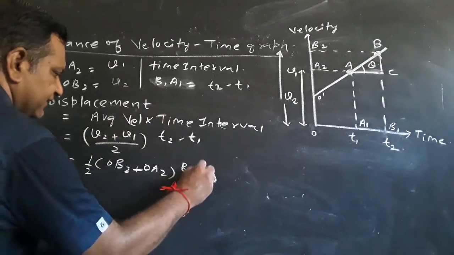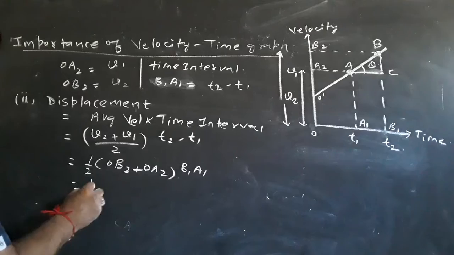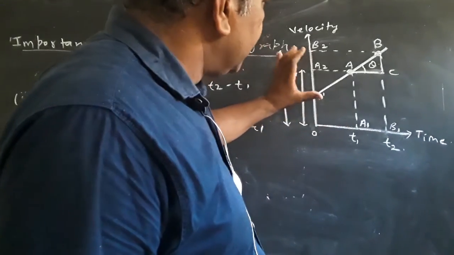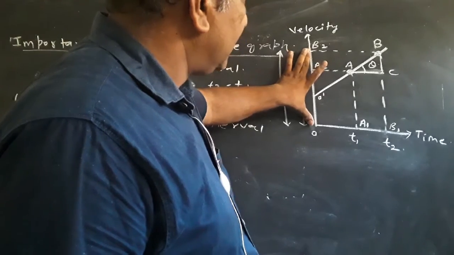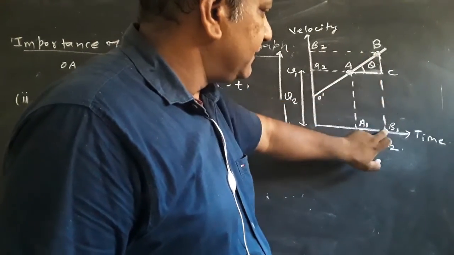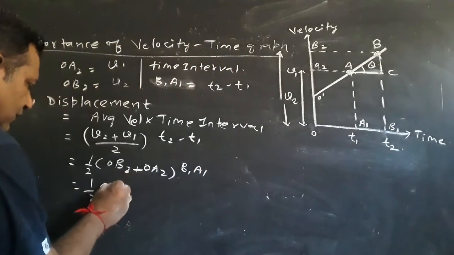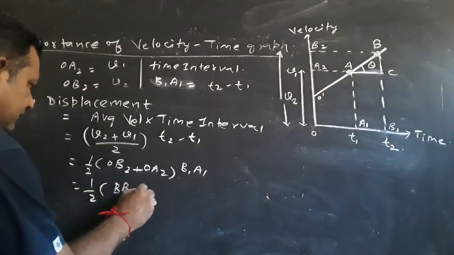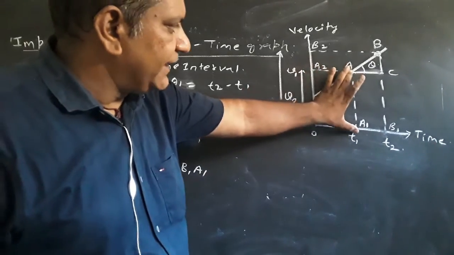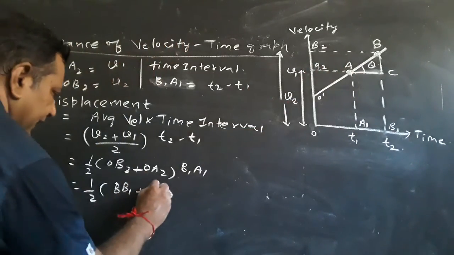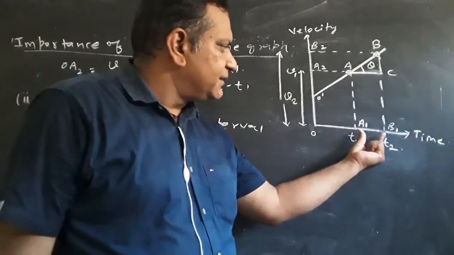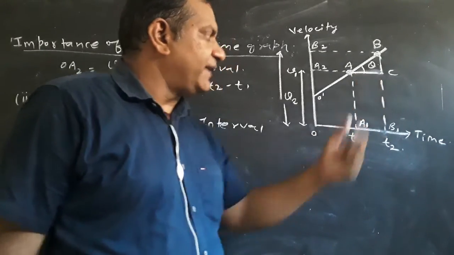Now we can write this as B1A1 into half of OB2 plus OA2. According to the graph, OB2 is equal to BB1, and OA2 is equal to AA1. Now B1A1 is equal to AC.